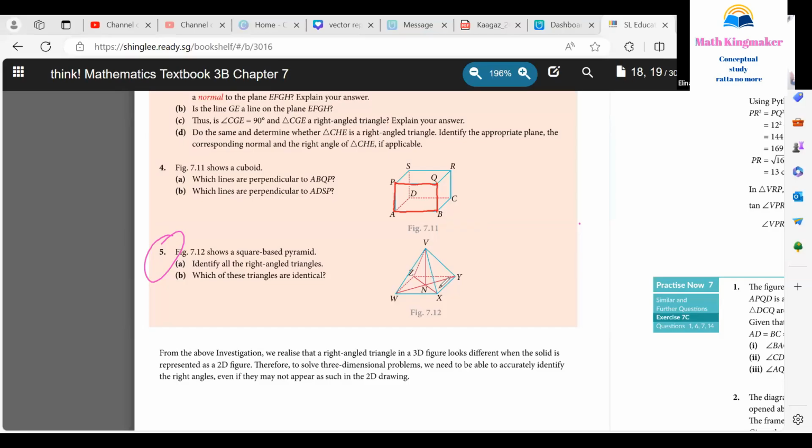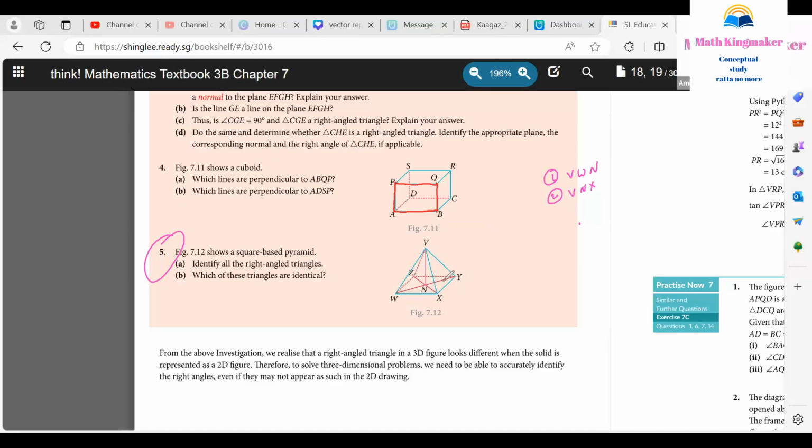VWN is a right angle triangle. Second one, VNX, because VN is normal to this plane.